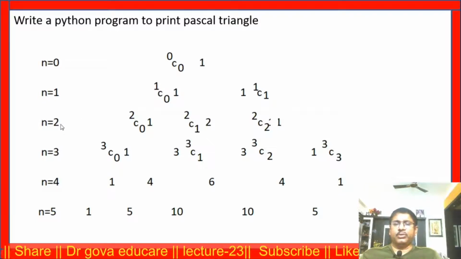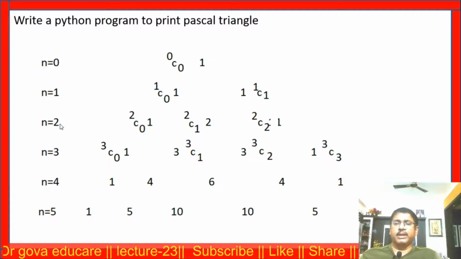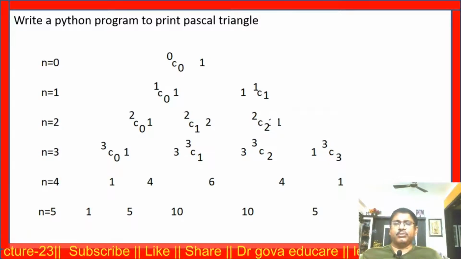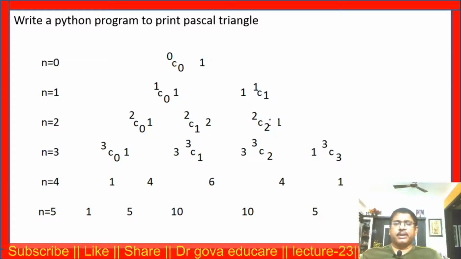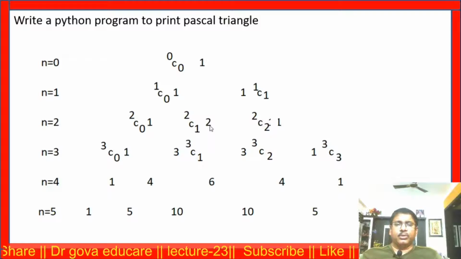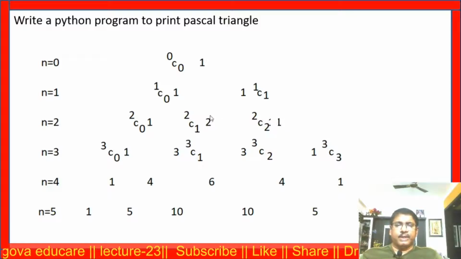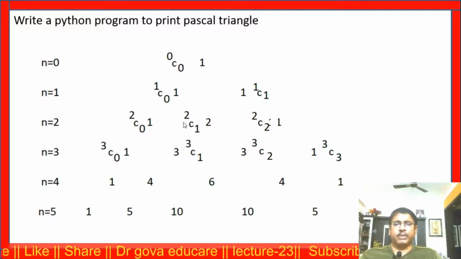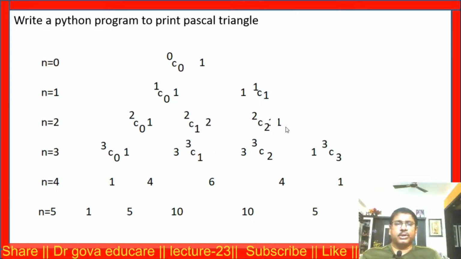N is equal to 2, that is x plus y whole square, x square plus 2xy plus y square. Now here x square coefficient 1, xy coefficient 2, y square coefficient 1, that is 2C0 is 1, 2C1 is 2, 2C2 is 1.